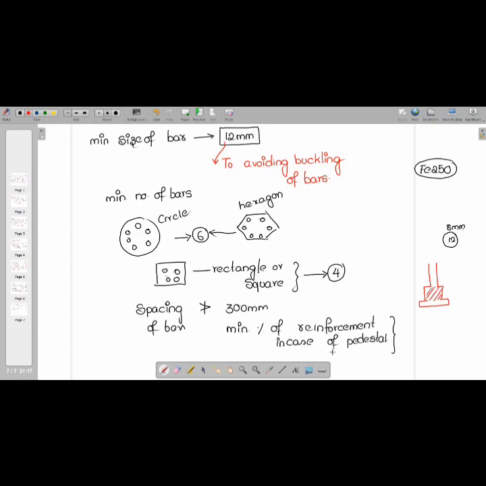So the minimum percentage of reinforcement in case of pedestal, you can write, is 0.15 percent of gross area. Sir, what does AG mean? AG is nothing but the gross area.